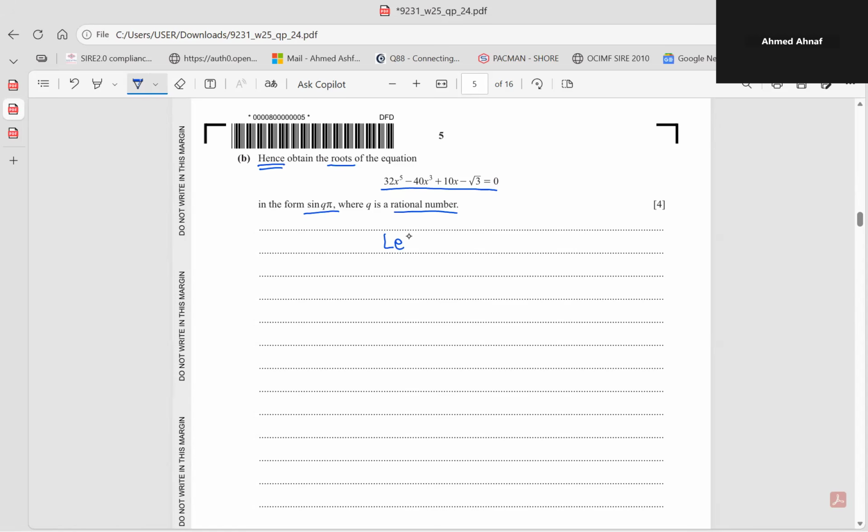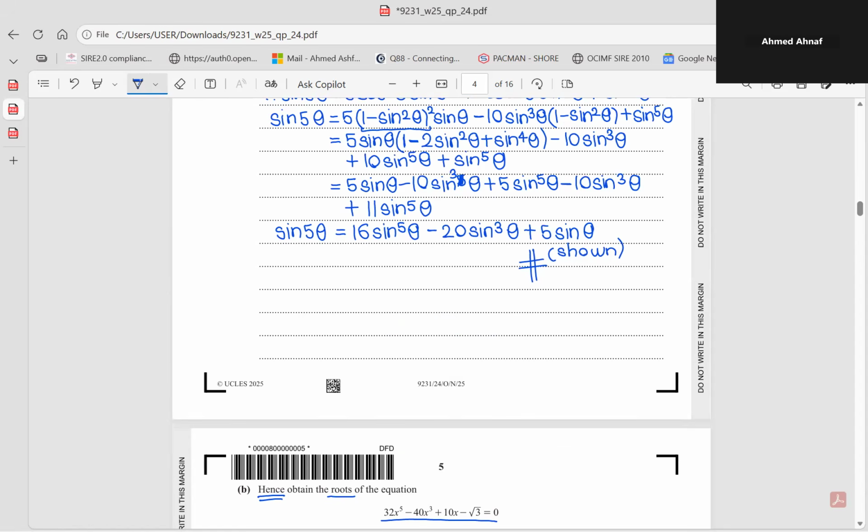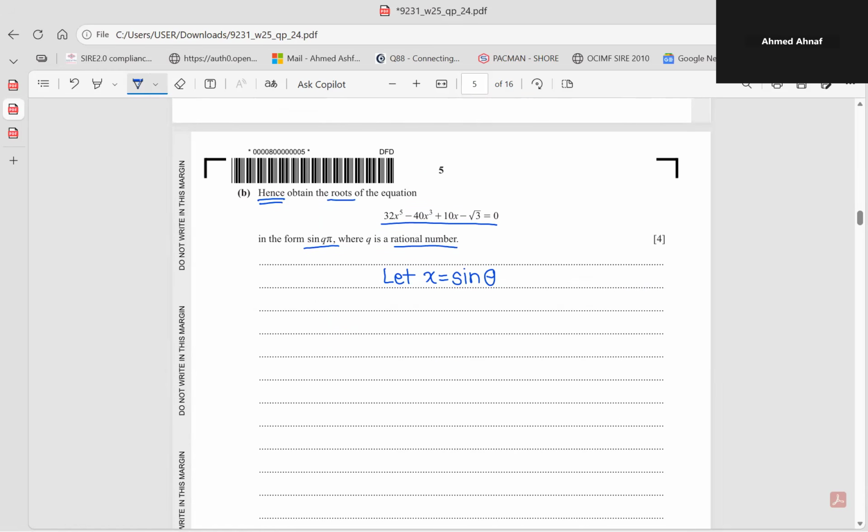So first we're going to substitute x equals sine theta, because only by doing that will we be able to use the result that we obtained here. Okay, so doing that you get 32 sine to the power 5 theta minus 40 sine cube theta plus 10 sine theta.